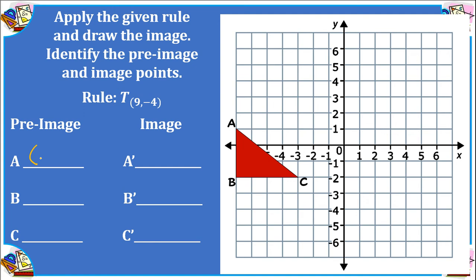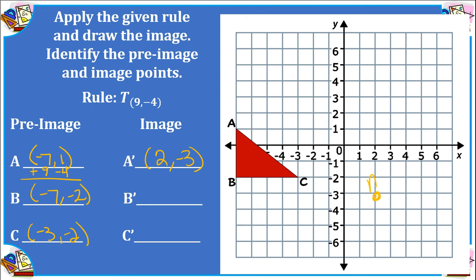So our pre-image, A is going to be (-7, 1). B is (-7, -2). And C is (-3, -2). So we are going to apply the rule. This x coordinate is going to move to the right 9, and the y is going to move down 4. And when we combine those, A prime is going to be (2, -3).